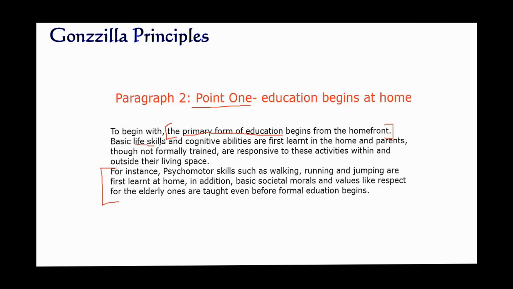So I'm going straight to say, for instance, psychomotor skills such as walking, running, and jumping are first learned at home. In addition, basic societal morals and values like respect for the elderly are taught even before formal education begins. So you're not really writing an abstraction. One sentence builds out from another. So with that, you have this interconnection of ideas without drawing any idea backwards.